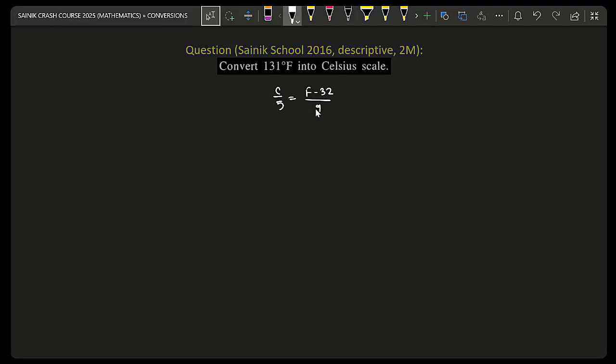So the value 131 should be substituted in place of C or F. F. We can write C by 5 is equal to 131 minus 32 divided by 9. What is 131 minus 32?